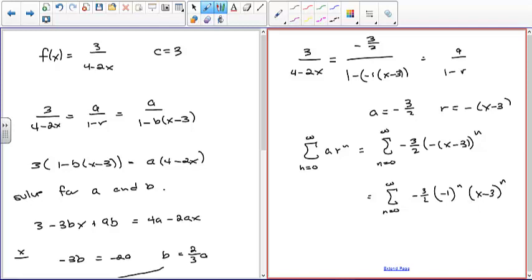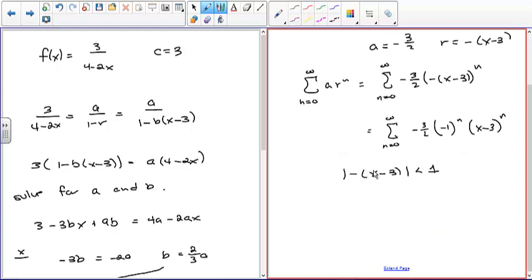Let's look at convergence. So convergence would be the absolute value of negative (x minus 3) has to be less than 1. Those are absolute values, so the negative sign just drops out.